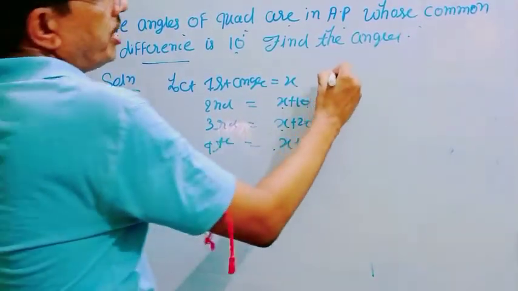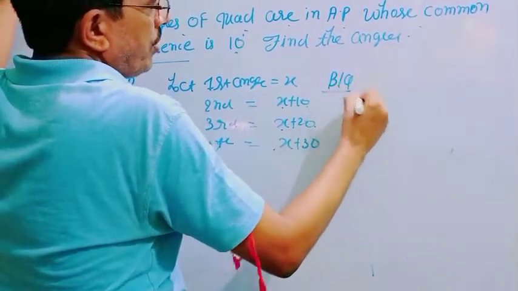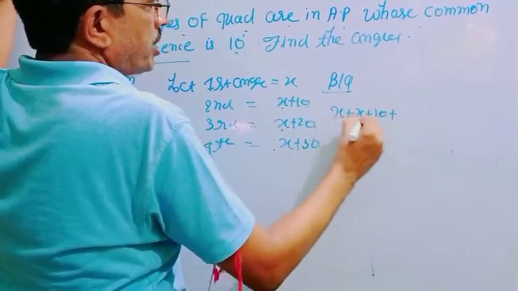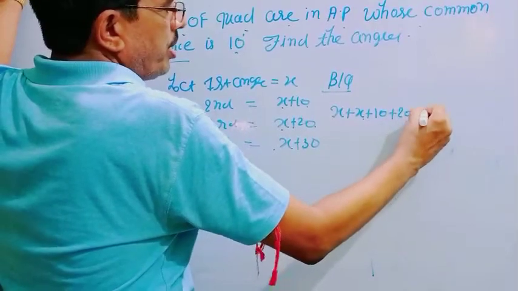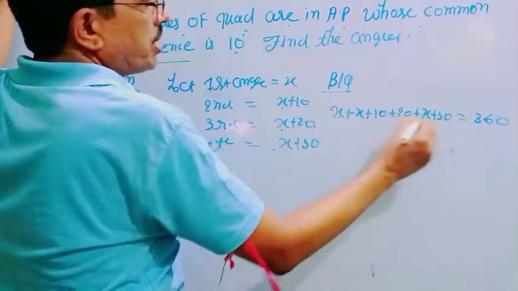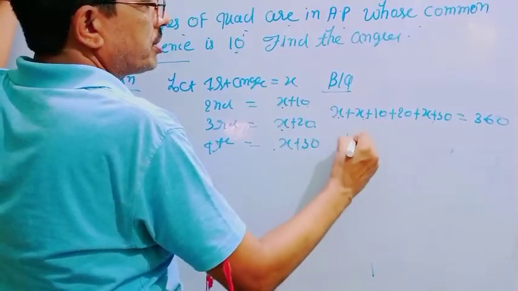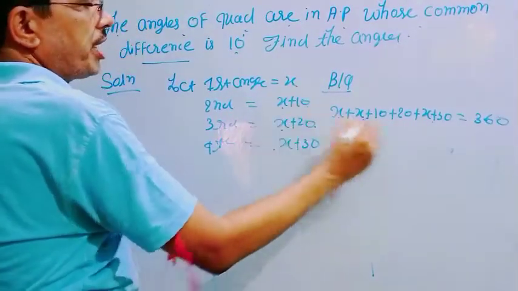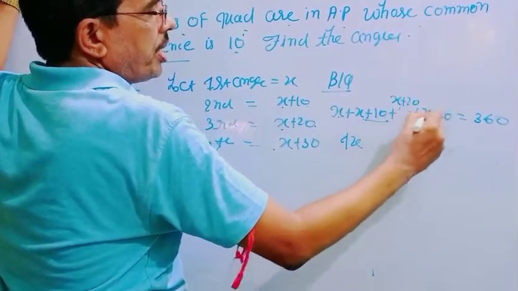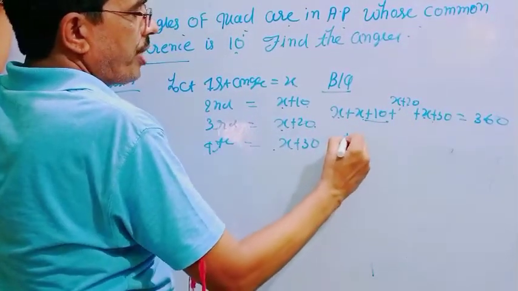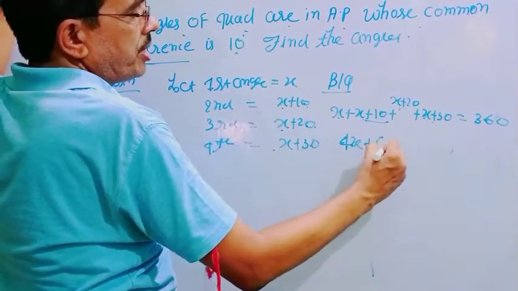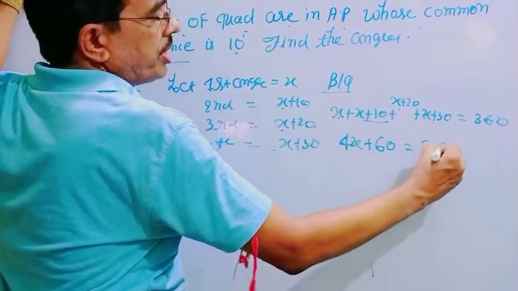Then by the question, the sum of these angles is 360. So x plus x plus 10 plus x plus 20 plus x plus 30 is equal to 360. So x plus x plus x plus x is 4x, and 10 plus 20 plus 30 is 60. So 4x plus 60 is equal to 360.